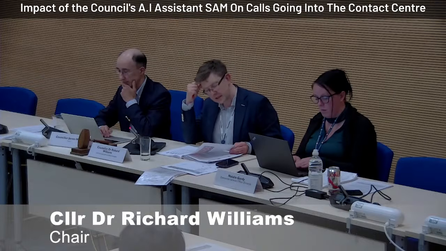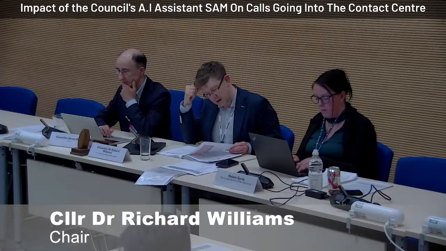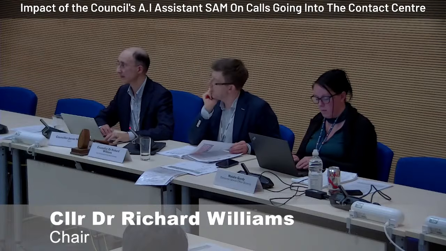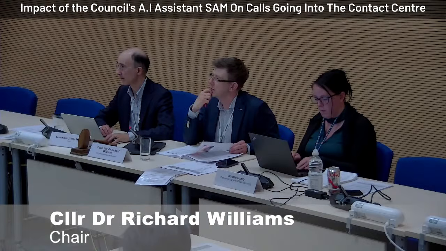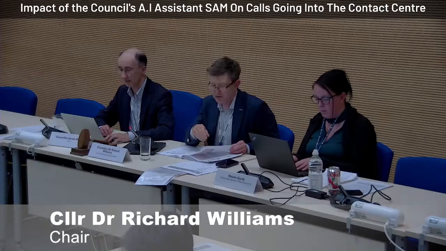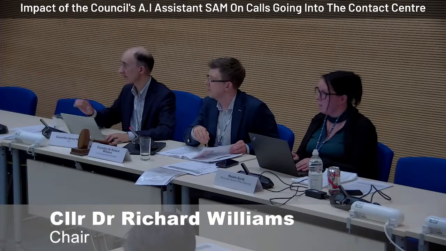And on paragraph 17, it says that out of hours, SAM has been able to answer 56% of the calls received. How would we know? What's the metric that's used for out of hours? Because, of course, we can't use the put through to the call centre metric out of hours. So I was wondering where that 56% came from.